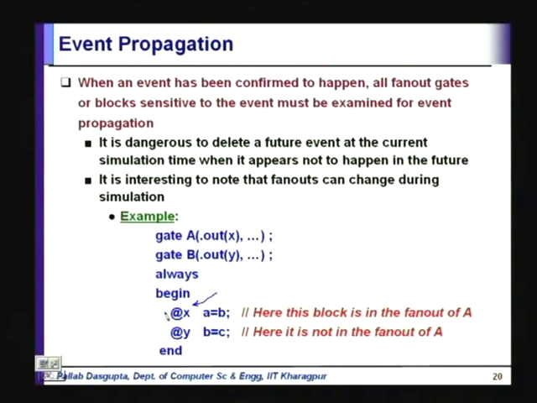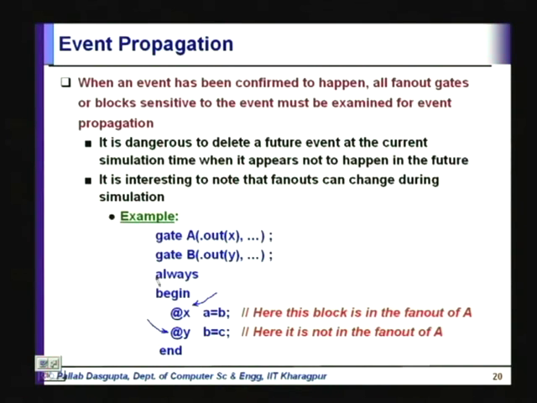This always block will be evaluated only when x changes. Then after x changes, it will do this assignment and then block here at y. Now, when it is waiting here, if x changes, it does not care, that is not going to schedule this block anymore, right. Only when y changes again it will get scheduled.